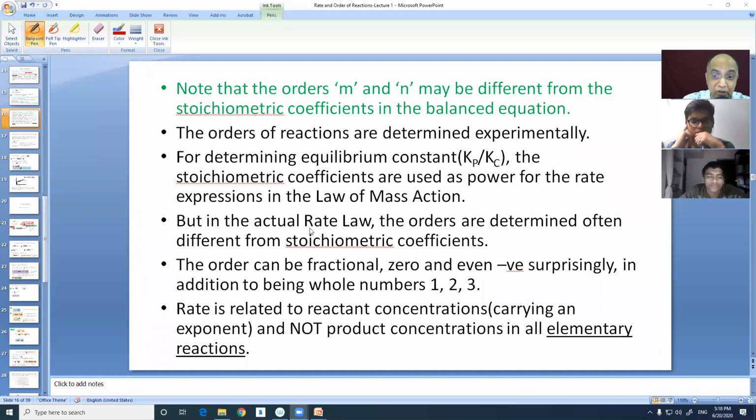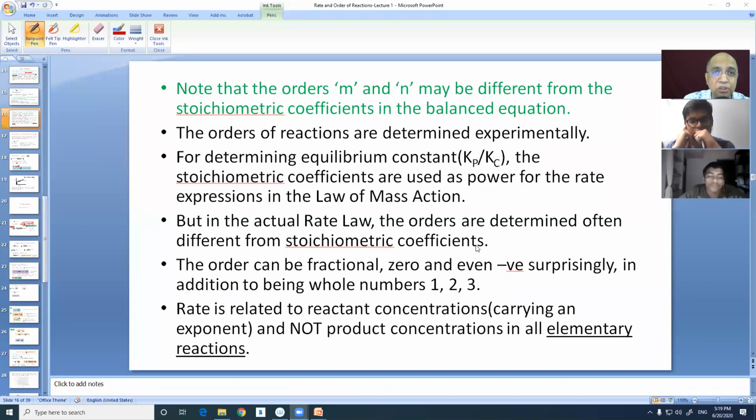But in the actual rate law, in chemical kinetics, the orders are often different from the stoichiometric coefficients because they are experimentally measured, not by any definition. From the graph of concentration versus time, the rate is determined, and from the rate the order is determined.